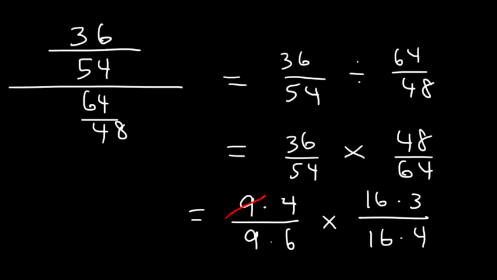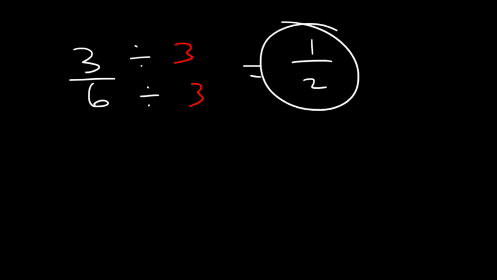So right now we can cancel a 9, we can cancel a 16, and we can cancel a 4. So what we have left over is 3 over 6. Now 3 over 6 can be reduced. We can divide both numbers by 3. 3 divided by 3 is equal to 1. 6 divided by 3 is 2. So the final answer is 1 over 2.